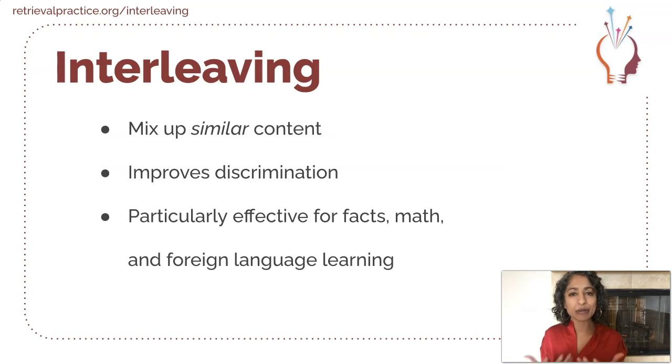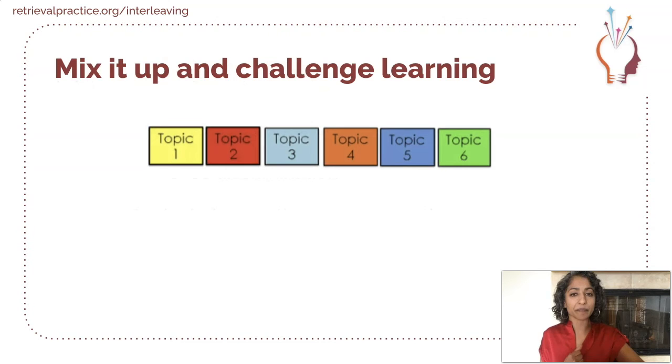A simple example of interleaving is taking all those nouns and mixing them together. It may seem like they're pretty different, but it helps discriminate even for me. Oh, is that a noun related to the word orange, or does that noun kind of sound like the word for lawyer? That mixing up or interleaving improves students' learning.